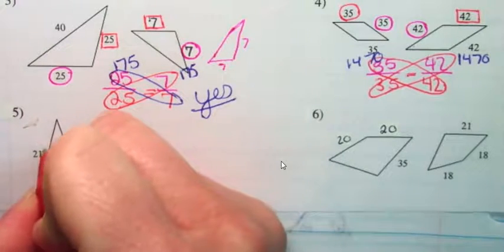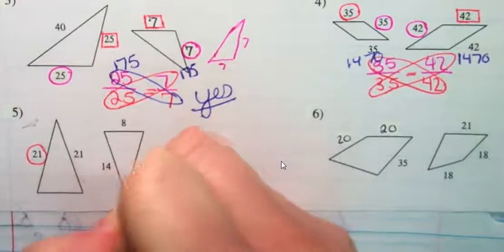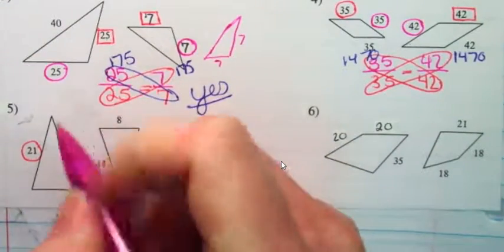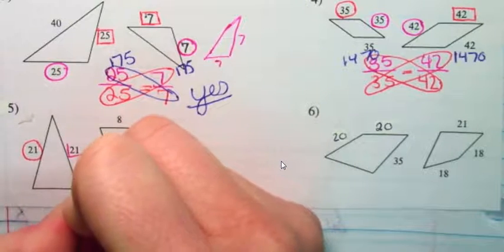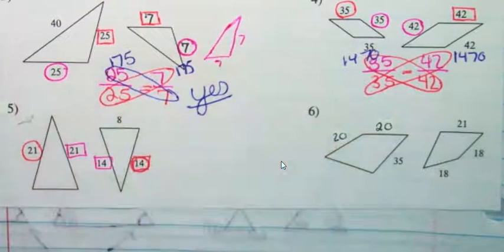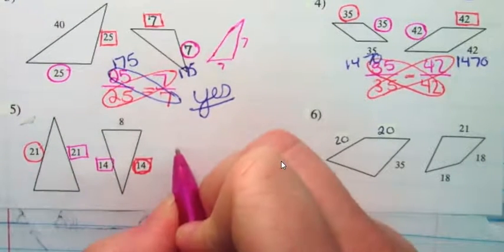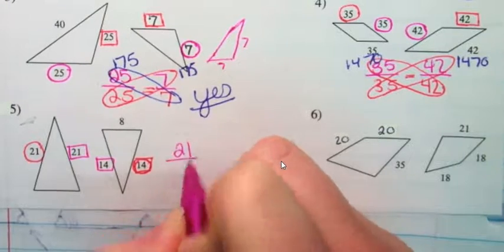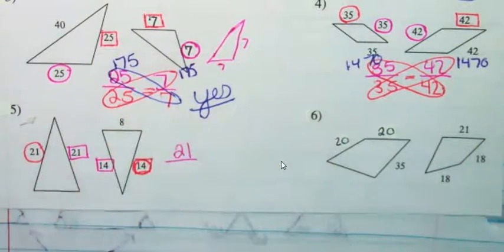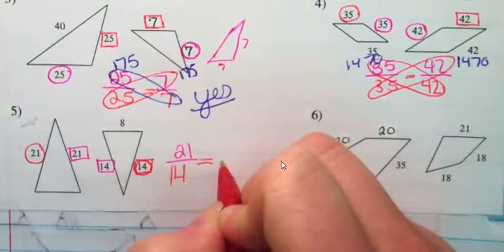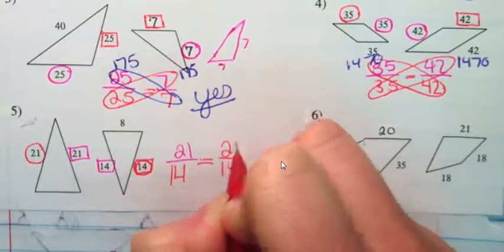So for number 5, I have a 21 that matched up with a 14, or I should have made that a circle, excuse me. And we have a 21 that matched up with a 14. It looks like we're getting that same number thing again. So once again, it's looking like they're probably going to be congruent. So I'm going to do my 21 matched up with a 14 equals 21 and 14.